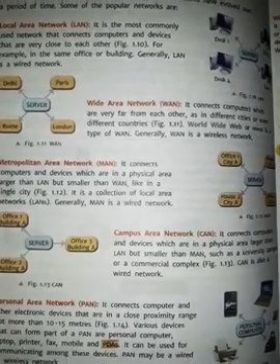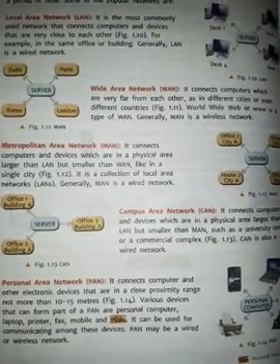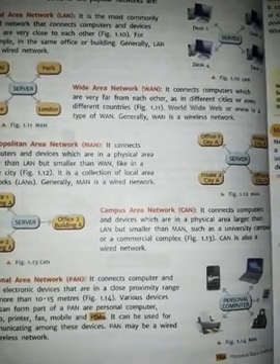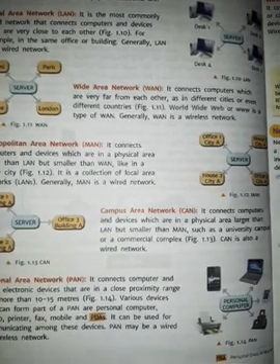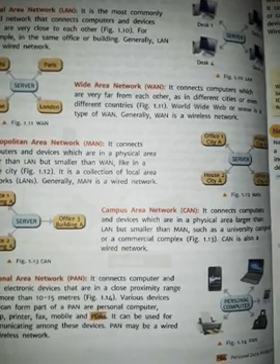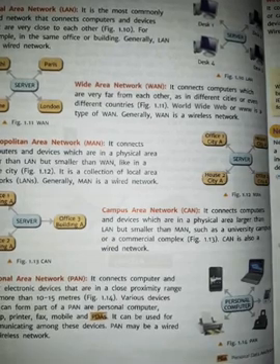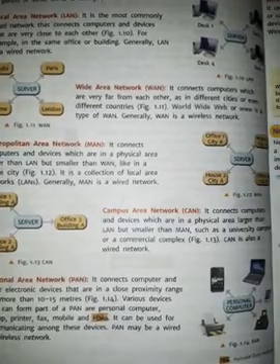The personal area network we can use with mobile phone, smartphone, laptop, printer. These devices can be connected with each other very easily, but not over far distances. It can be 10 to 15 meters.